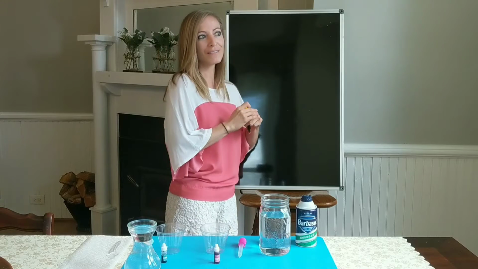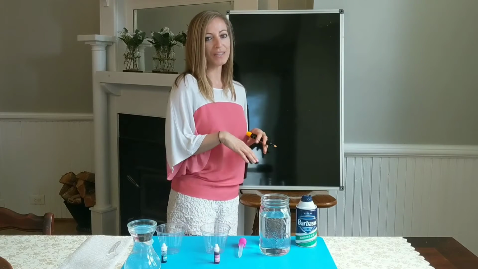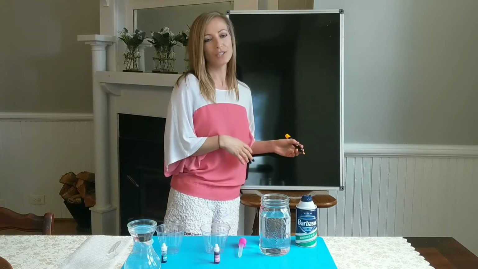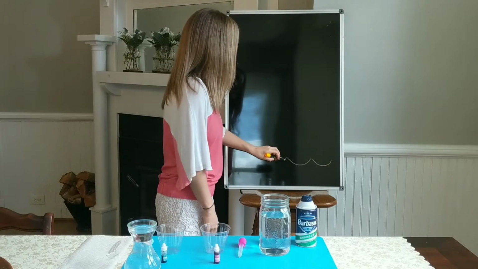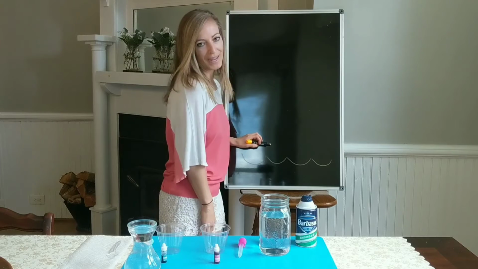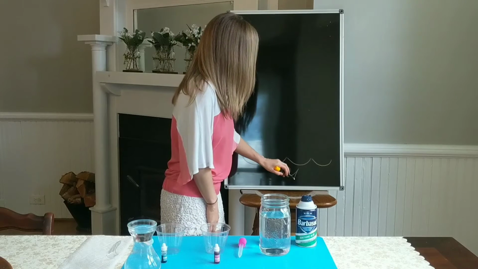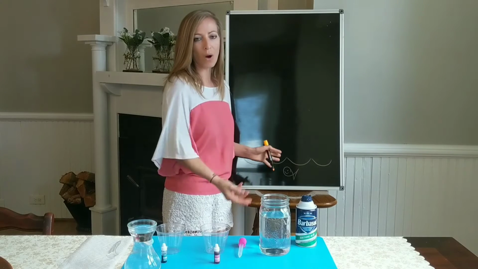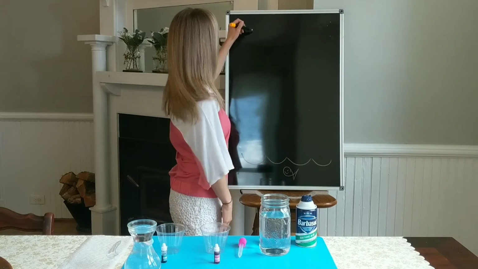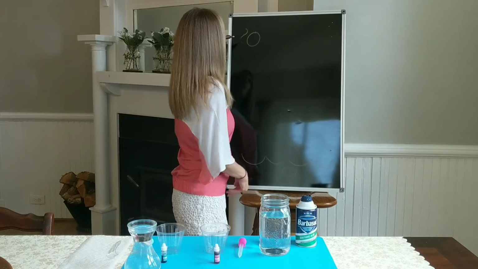So to have rain, you need to start out with a body of water, like an ocean, a pond, a lake. So I'm going to pretend that this is the ocean. There's some waves and a fishy swimming in it. And the ocean is water. And when the sun comes out, it gets warm.